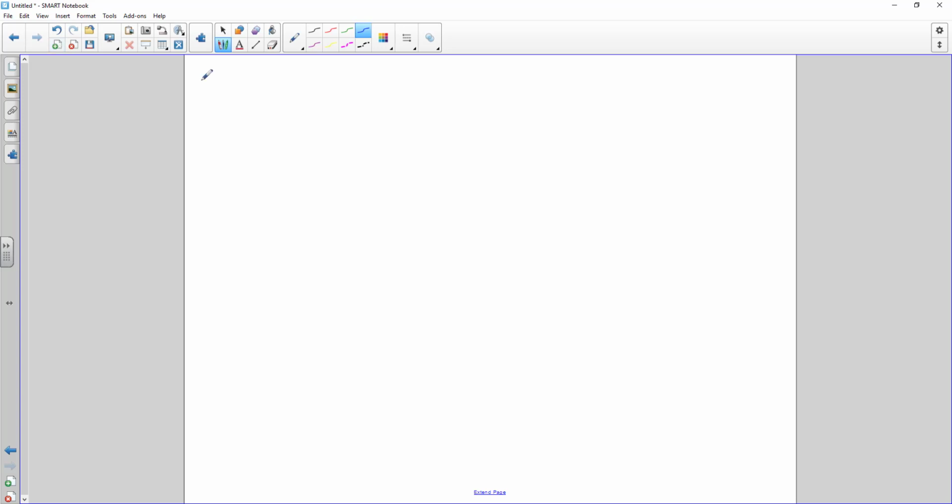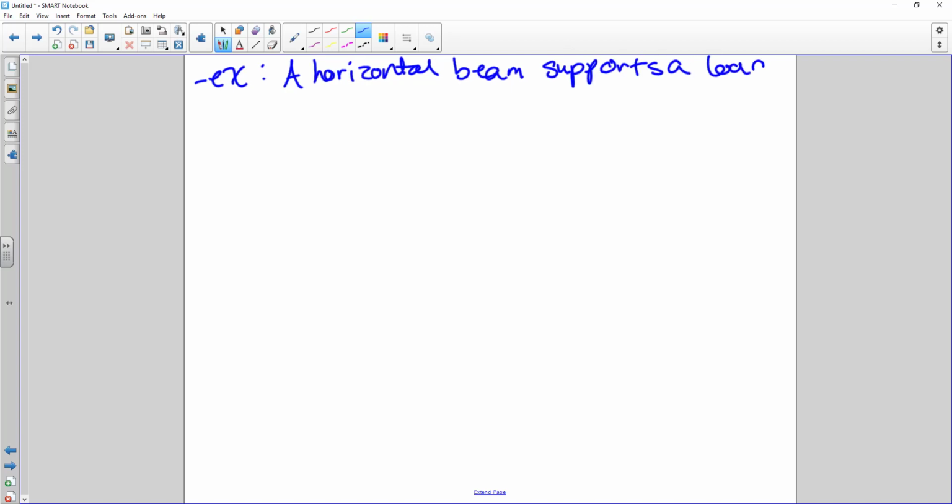Okay, so how about a more applied problem? For this one, we've got a horizontal beam. A horizontal beam supports a load P. It's probably P for the pounds, the weight that it can handle.